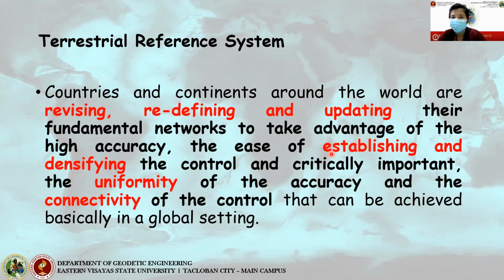For example, here in the Philippines, we are currently updating the coordinate system of all the points to make sure that there is uniformity all over the Philippine islands. Our reference system here in Eastern Visayas needs to have uniformity with all the surveys conducted in Luzon and in Mindanao.